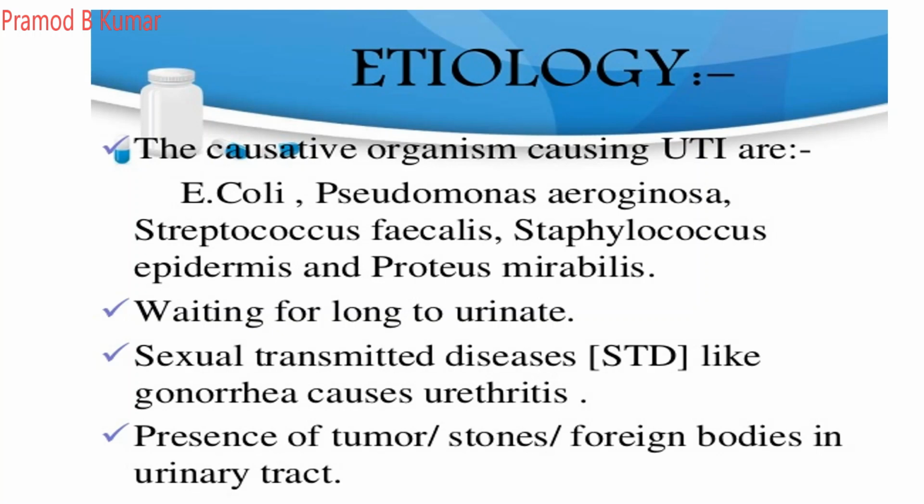Sexually transmitted diseases like gonorrhea cause inflammation and infection. The presence of tumors, stones and foreign bodies in your urinary tract can also lead to UTI. So these are some of the causes of urinary tract infections.